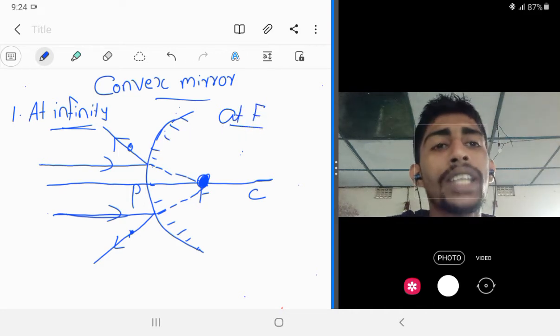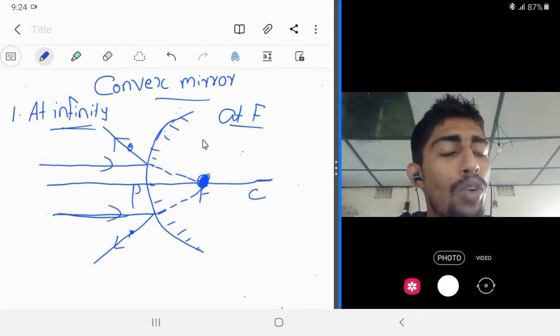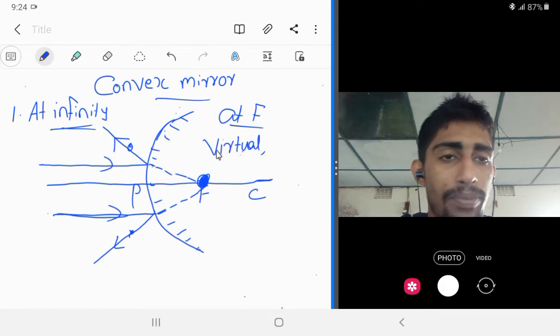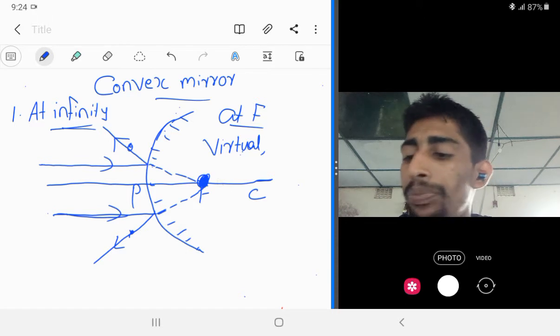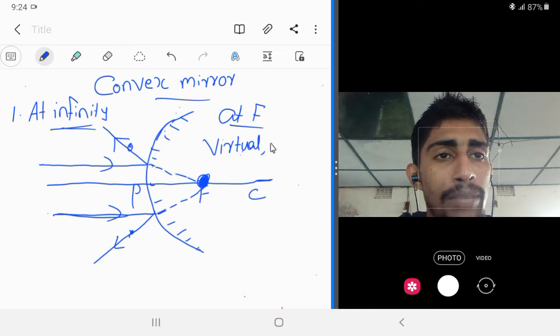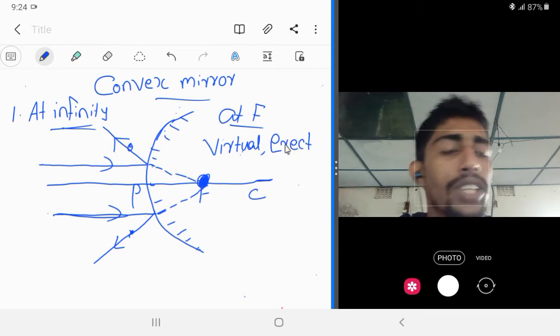Then what are the characteristics of the image? Is it real or virtual? Obviously it is a virtual image. Then what about the orientation? Both the object and the image are in the same direction, so it is erect. Then what about the size?